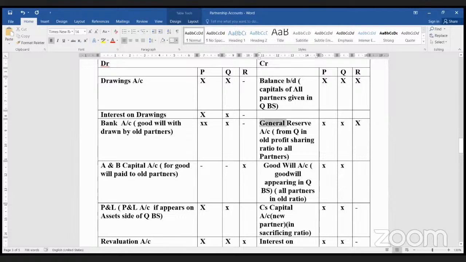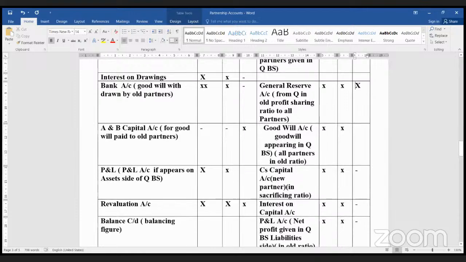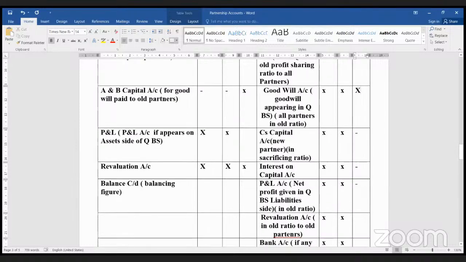If in the question balance sheet you find the general reserve, that is to be distributed in the old ratio to all the partners, all P, Q, R. After that, if any goodwill is given in the question balance sheet, that also goes to all partners in profit sharing ratio. In retirement or death, you distribute it to every partner. Understood?